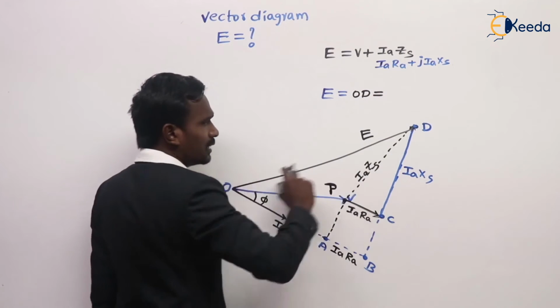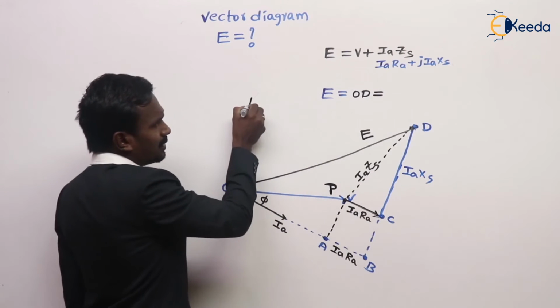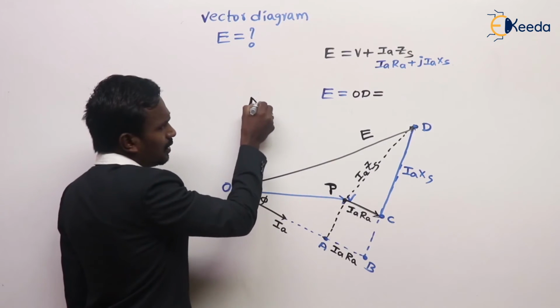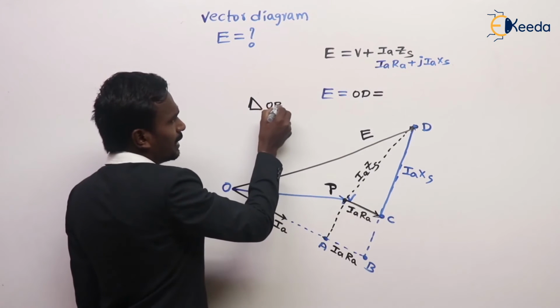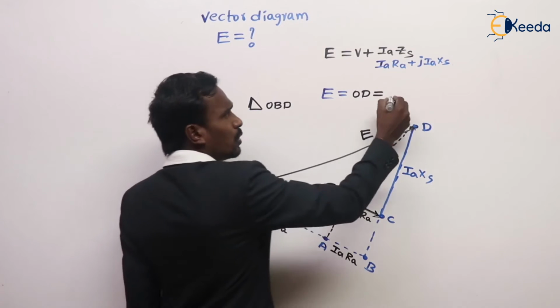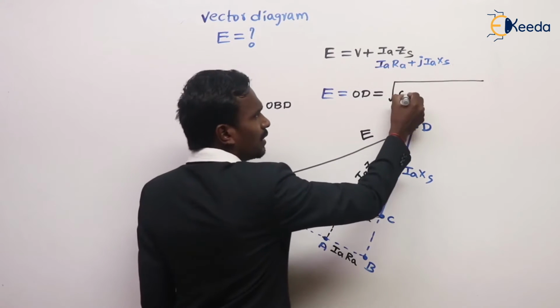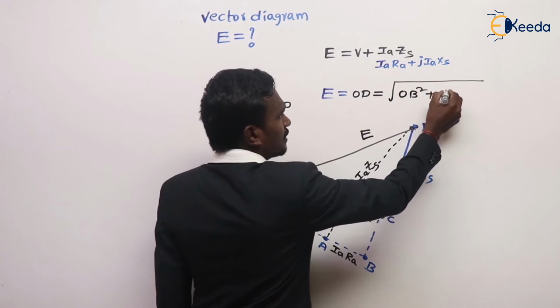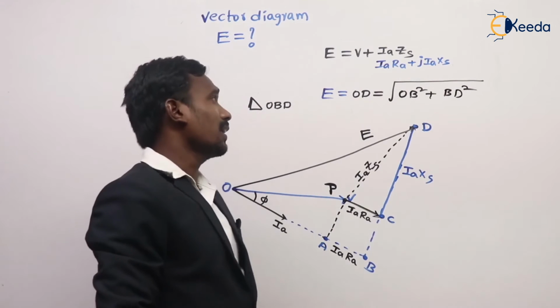See, from the triangle OBD, OD is equal to the square root of OB square plus BD square. Are you getting or not?